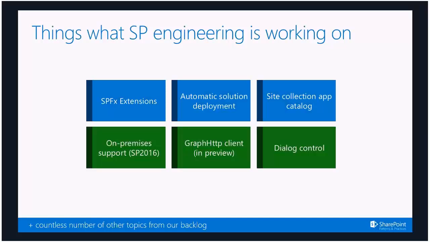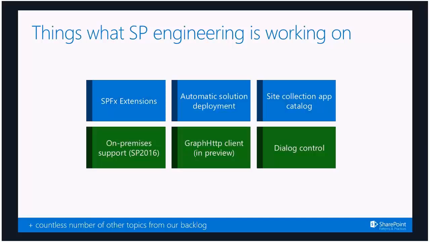So for example, right now we promised, and let's be clear on this one as well, we promised to deliver client-side web parts in the SharePoint Framework for Feature Pack 2. We haven't promised to deliver all of the framework because that's pretty much impossible. So what you will see in Feature Pack 2 is the client-side web parts, but you won't see extensions.